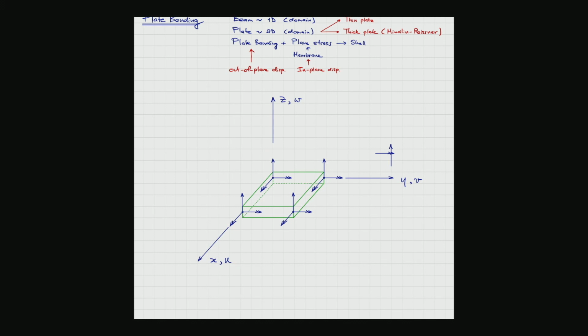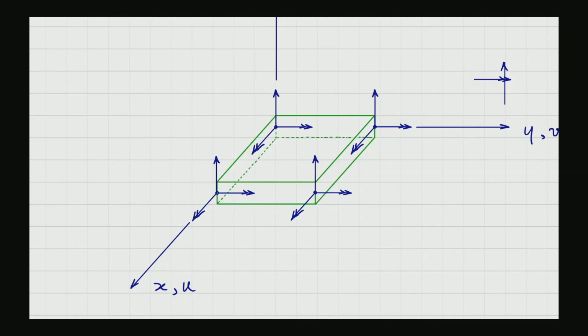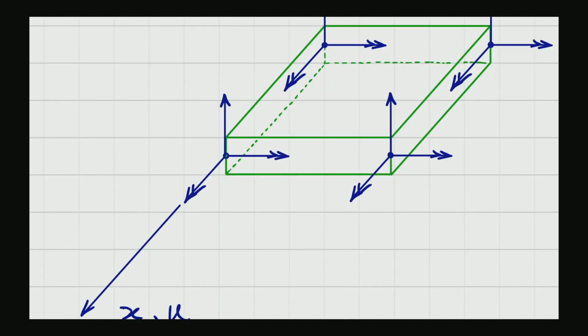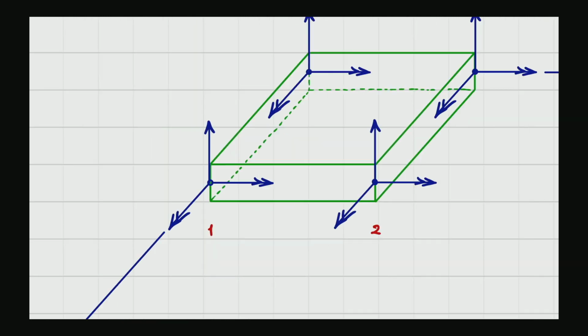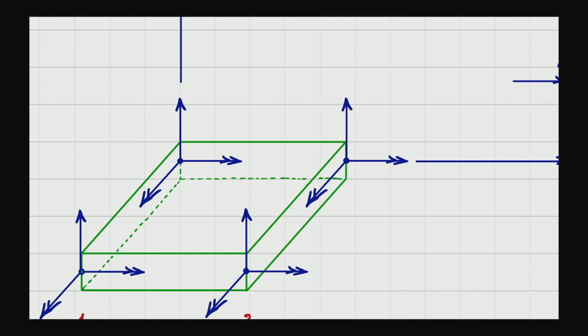Okay, and that's it. So the node numbering will follow the system we used before. Node numbers 1, 2, 3, 4 will go in the counterclockwise direction. So 1, 2, 3, 4, and circle it.